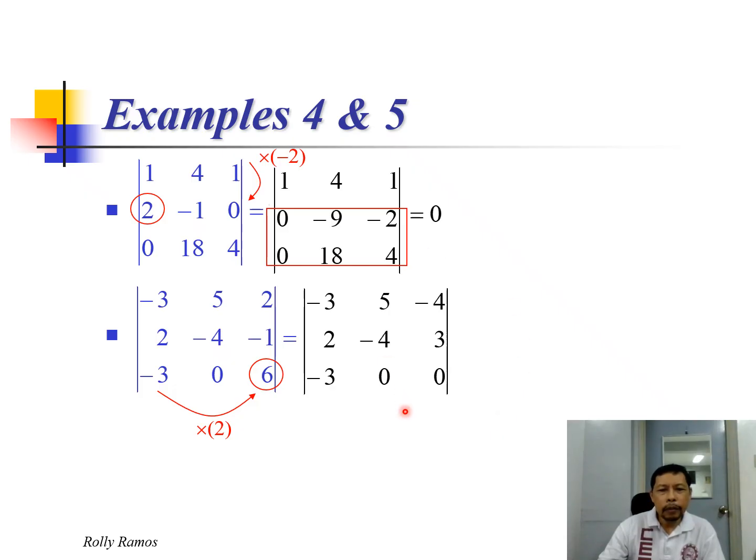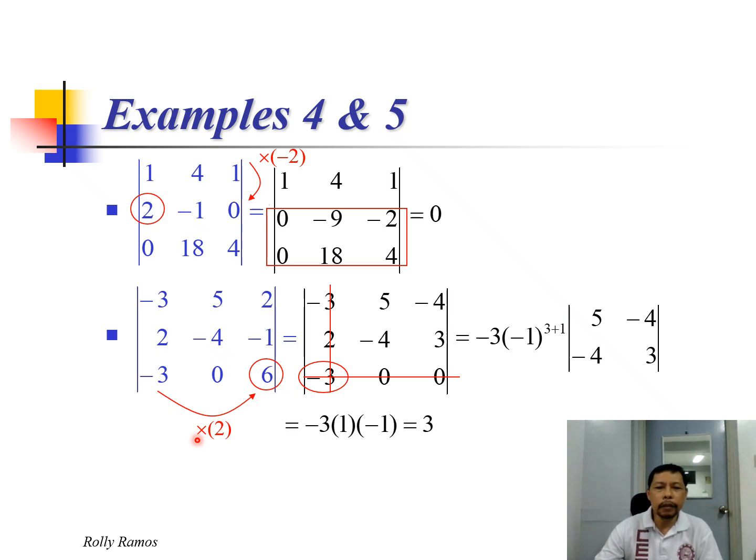Okay, so it produces a row with several zeros. So we could expand about this row to find the determinant of this matrix, and that will give us a value of 3. Okay, so this is a combination of the principles that we have just discussed in the previous slides.